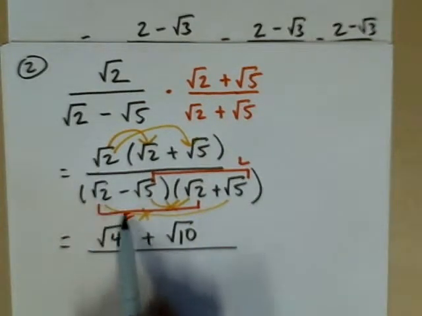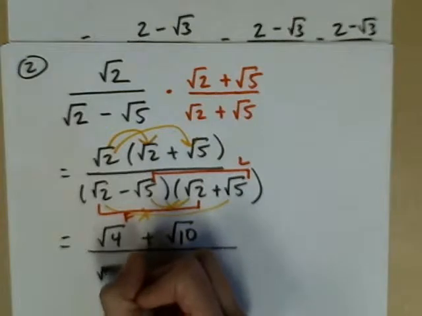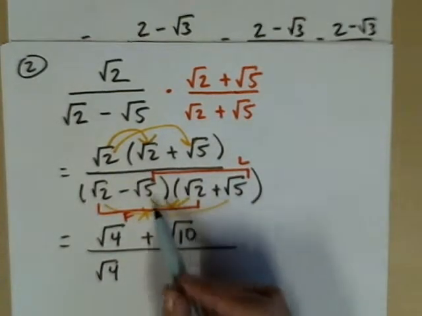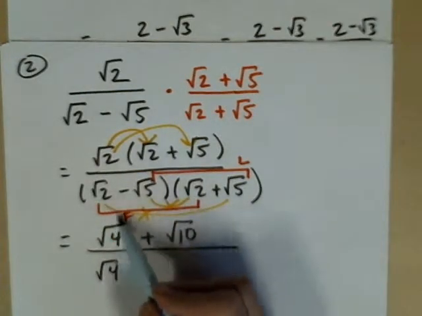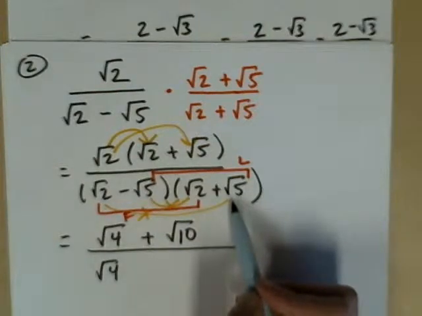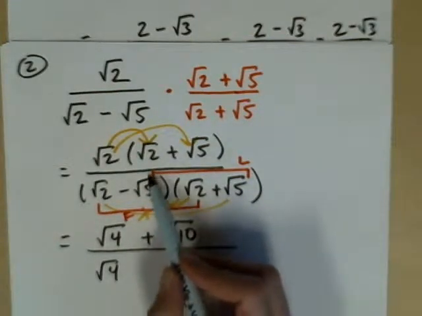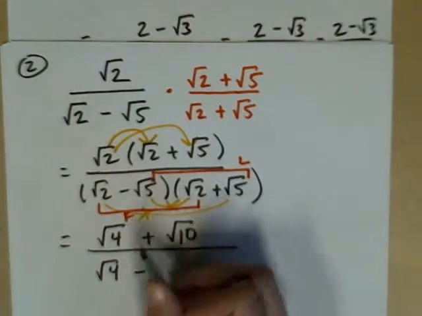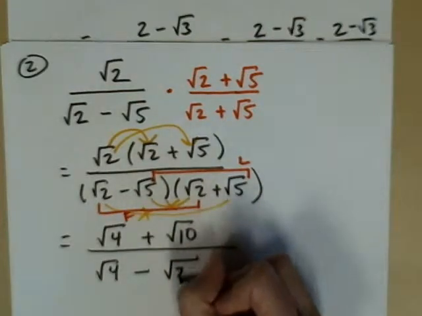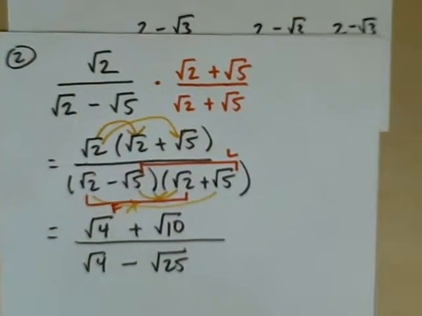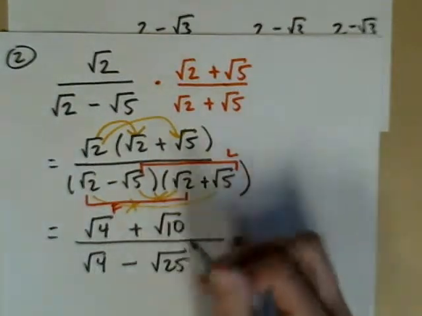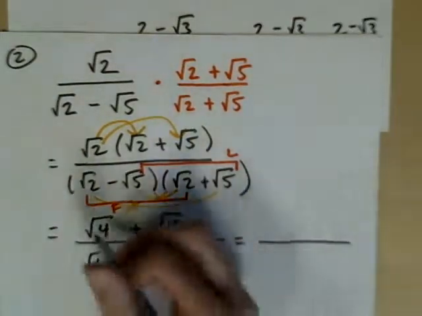So first product is radical 2 times radical 2, which is a radical 4. I'll clean that up in a minute. We already talked about the middle terms canceling out. They're both radical 10s, one positive, one negative. Then the last one is a minus radical 5 times 5, radical 25. Okay, now the only thing I've got left is to clean it up.